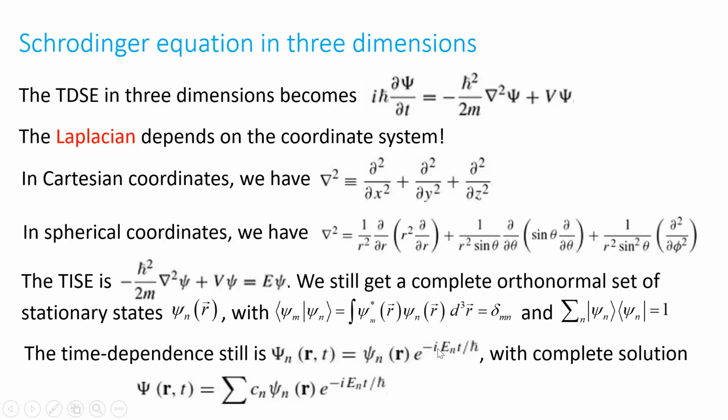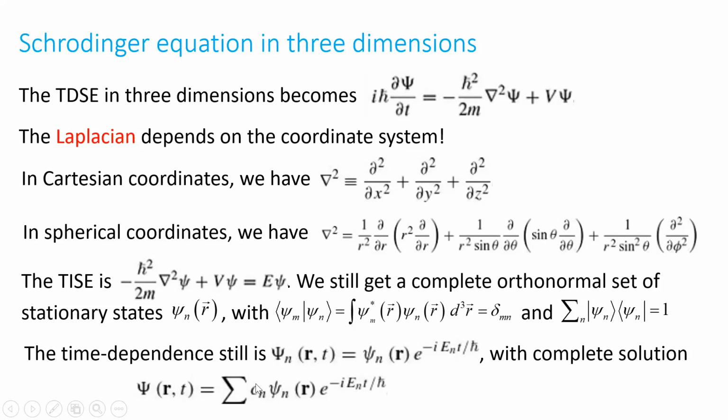So some of them oscillate, the higher the energy, the faster they oscillate in time. And the complete solution, psi of r and t, will be the sum over these time-dependent states weighted by coefficients Cn. And in general, those Cn can be found from the wave function at time zero, psi of r, 0.